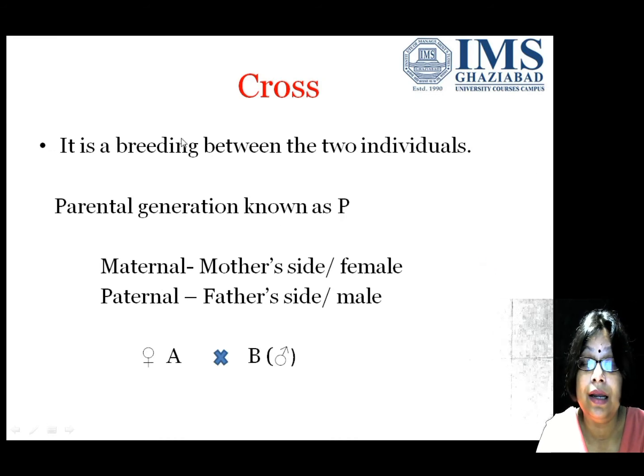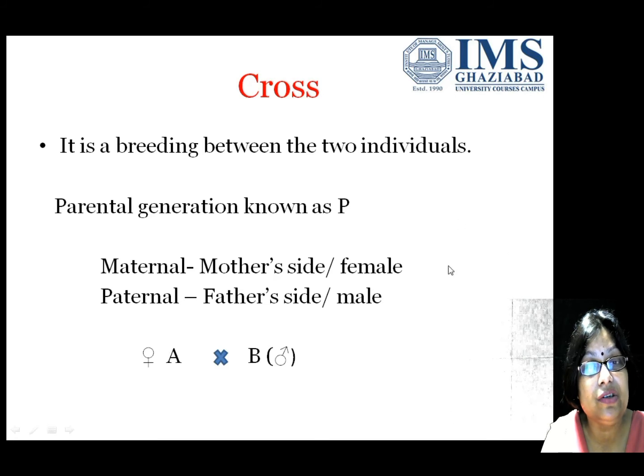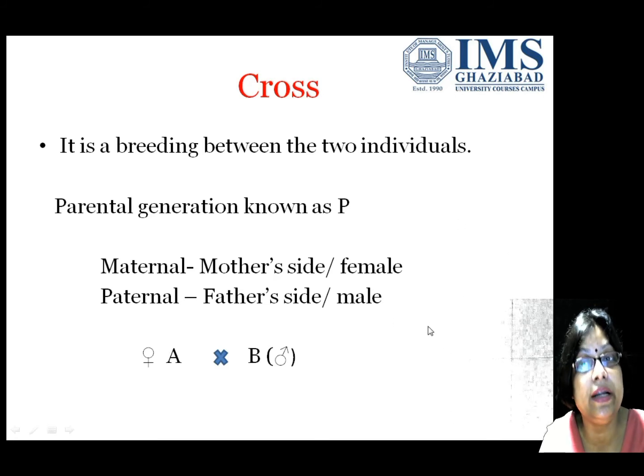Now, there is a confusion with the term cross. In genetic terminology, we say cross. You just find out in the last line, there is A and B and there is a cross. What is this cross signifying? This cross is signifying that there is a breeding between the two individuals.